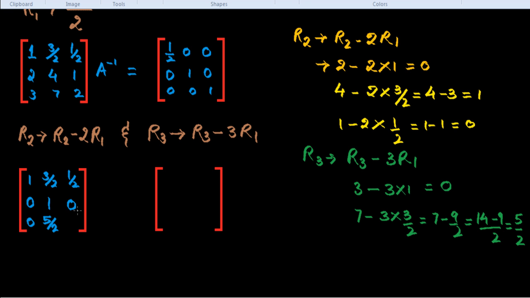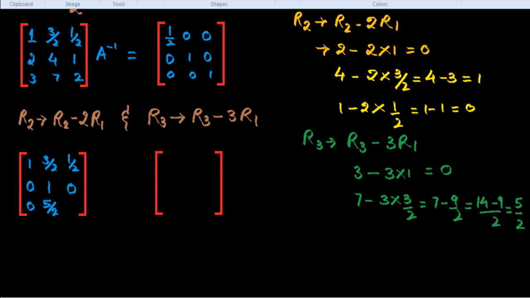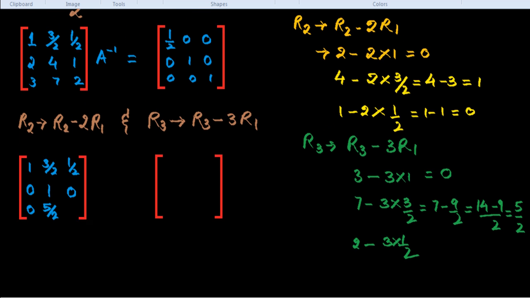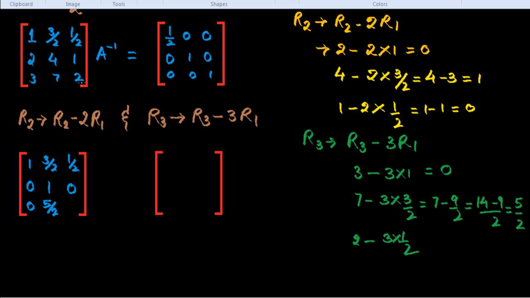Now we see the last element of this column, this row. This is 2 minus 3 into 1 by 2. The element is 1 by 2 here. Look at this. It is 1 by 2. It is 2. 2 minus 3 into 1 by 2.